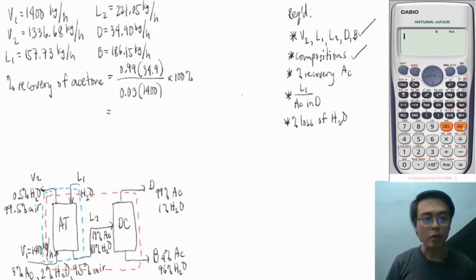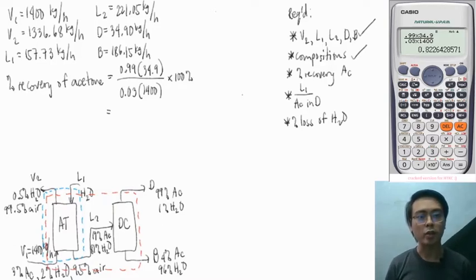So the percent recovery would be 0.99 times 34.9 divided by 0.03 times 1,400, so it's 82.26%.